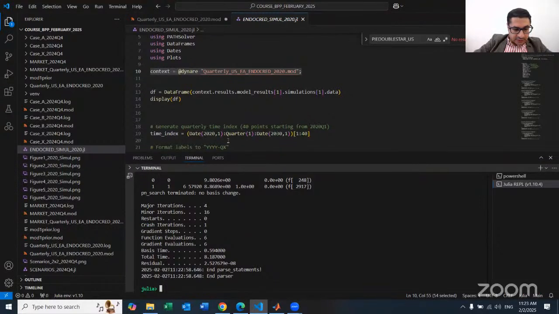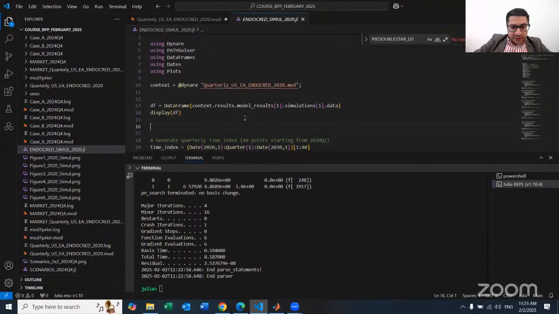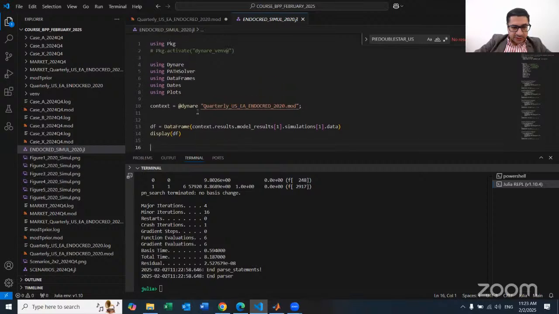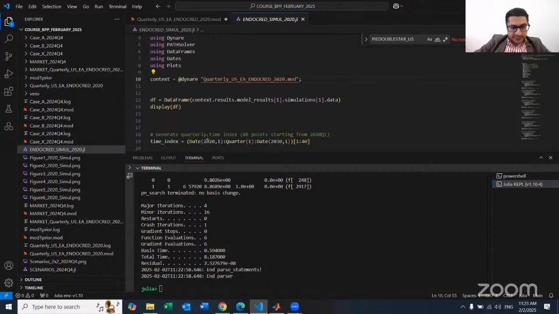So now here we're running this code, context, by this command. Then next stage, we are saying save some df, call it df, and take.